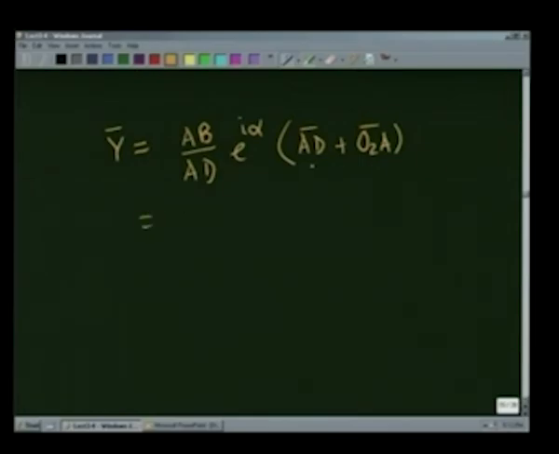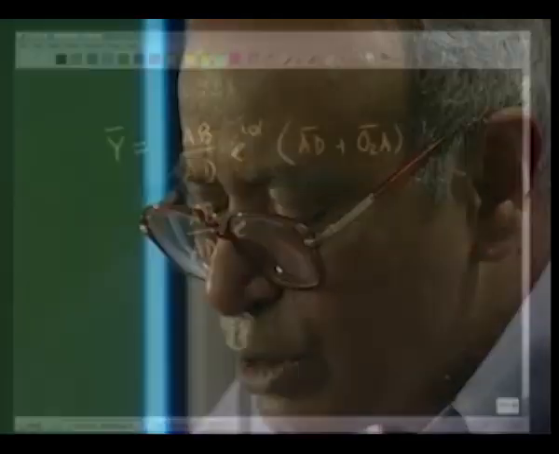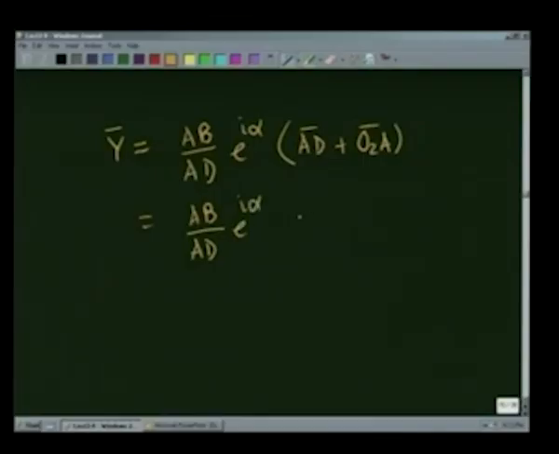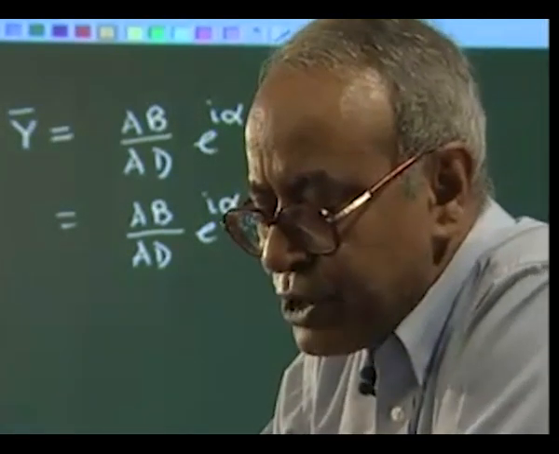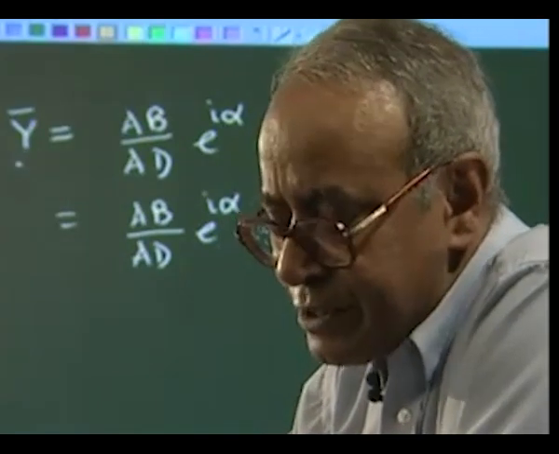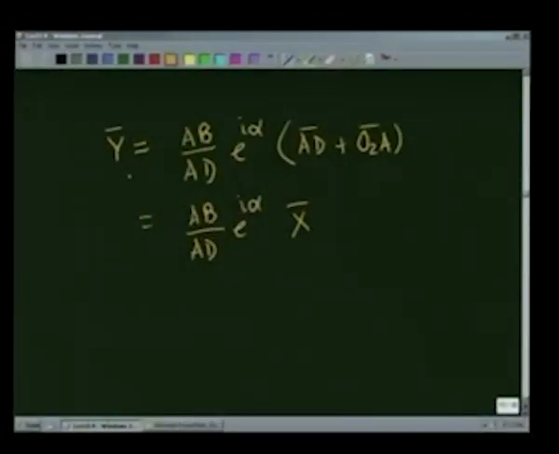And AD plus O2A is nothing but our vector x. So, AB by AD into e to the power I alpha into the vector x. So, we see that the position of these two vectors, that is the point E and the point D, is given by y and x, and they are related through this equation.